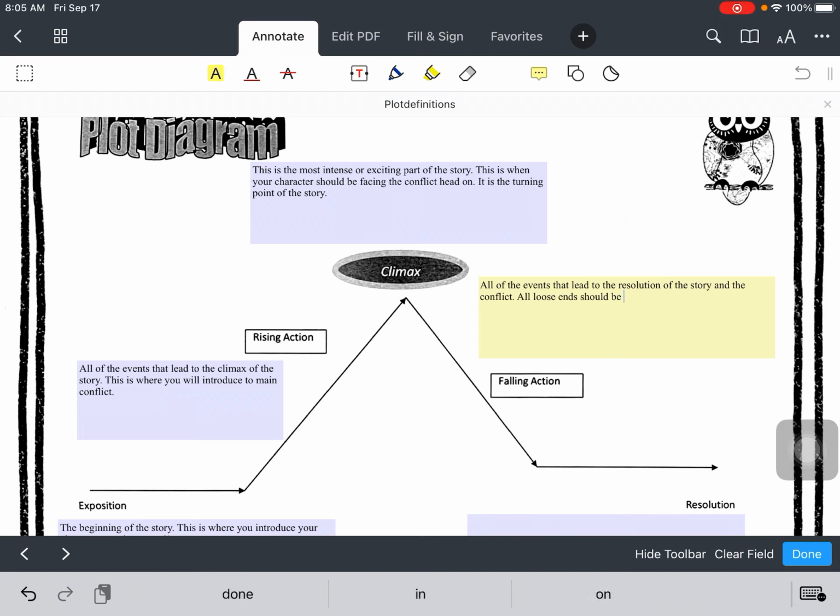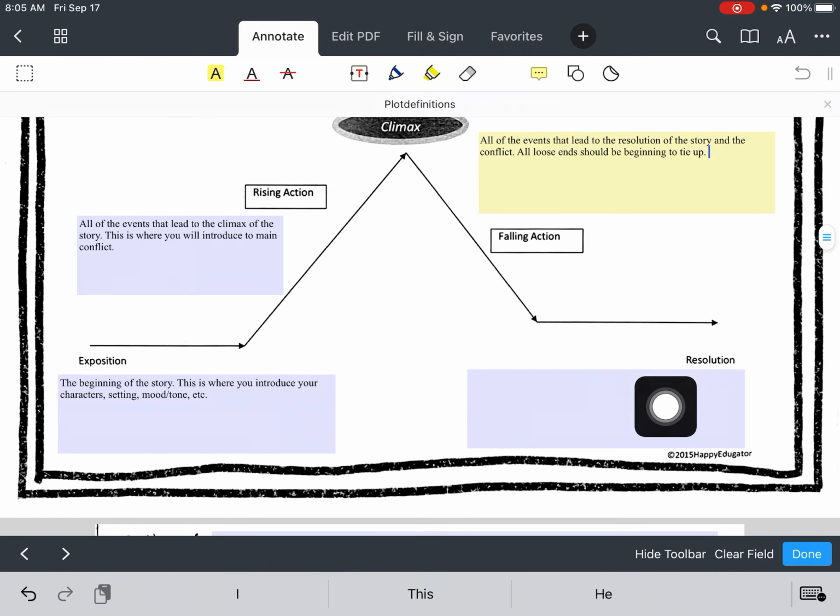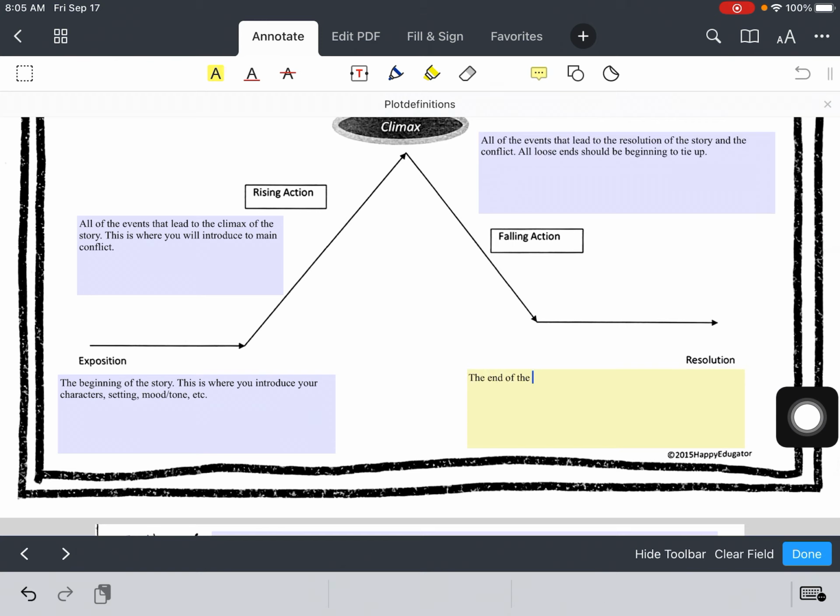They're going to begin being tied up during the falling action, which leads us to the resolution. And the resolution is just going to be the end of the story.